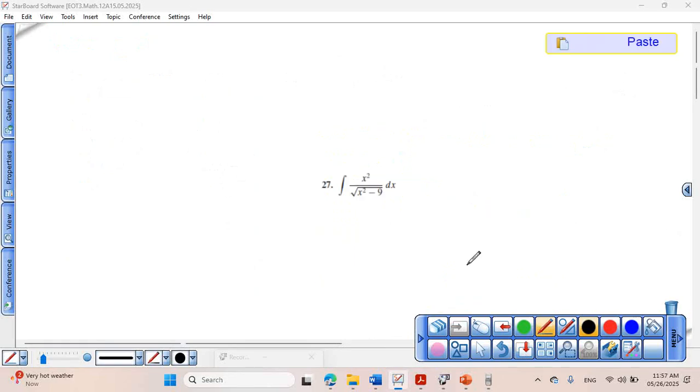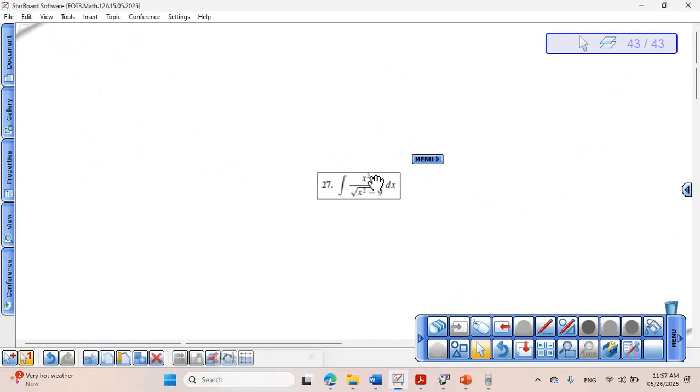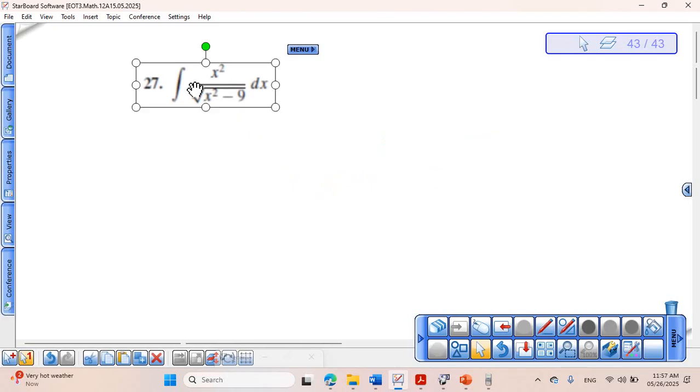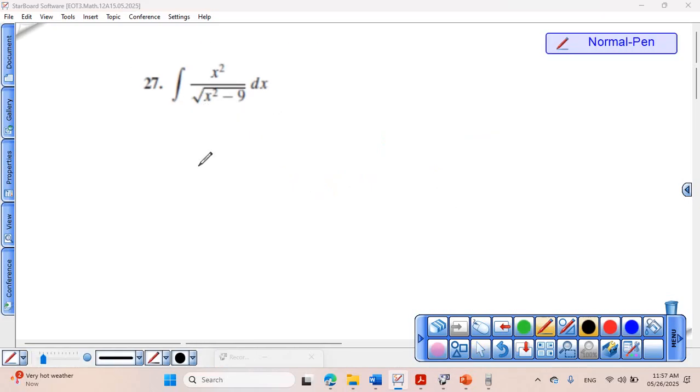How to solve this question? This is, I think, the same. You should use trigonometric substitution. This is radical x squared minus 9.